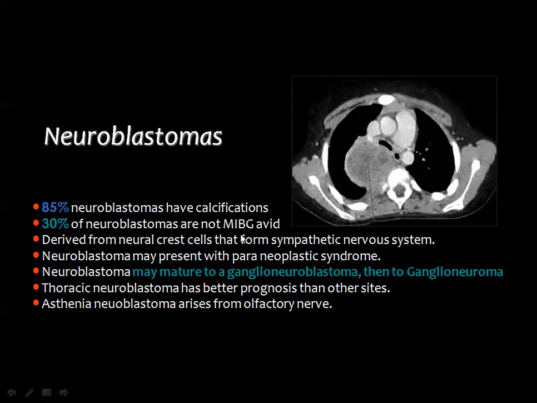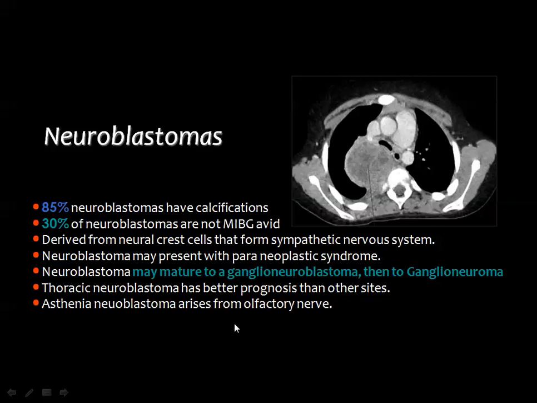neuroblastomas are not MIBG evident, and this is the radioisotope which was used before for the detection of neuroblastoma whenever you are suspecting this disease. Then the neuroblastoma may present with a paraneoplastic syndrome, including other manifestations in the human body.